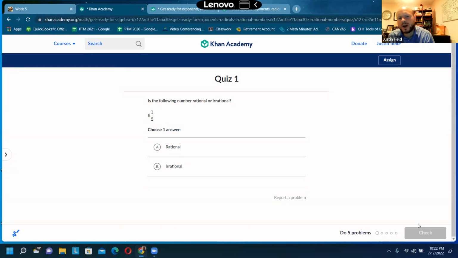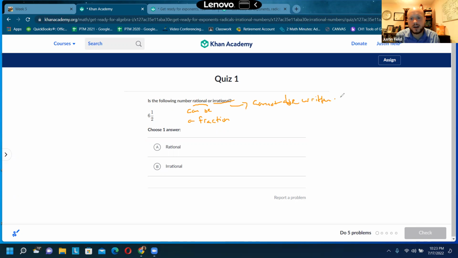Is the following rational or irrational? So you probably should be told some things. Rational means can be a fraction. Irrational means technically cannot be written as a fraction.